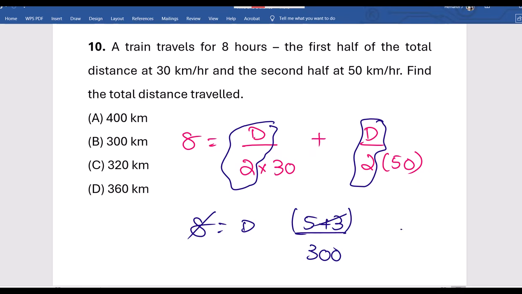Answer is 300 kilometers. Time is distance by speed. First half, next half. Two different speeds, so two different timings will come. T1 plus T2. That 8 hours is equal to T1 plus T2. T1 is first half, T2 is second half.